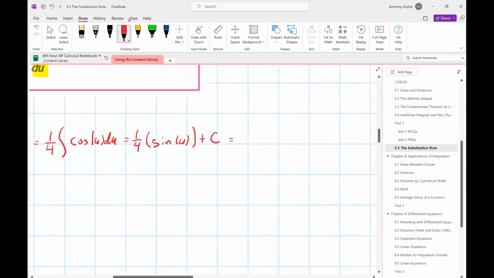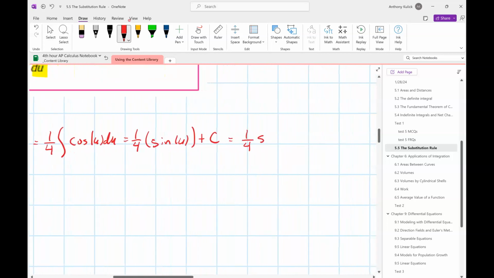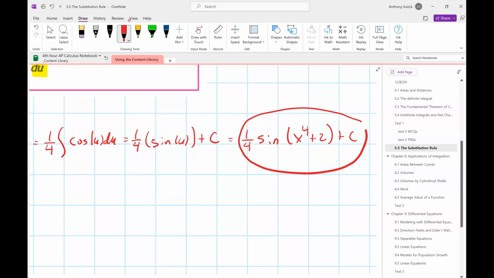And then we just plug our u back in. And we should be good. What do you guys think?